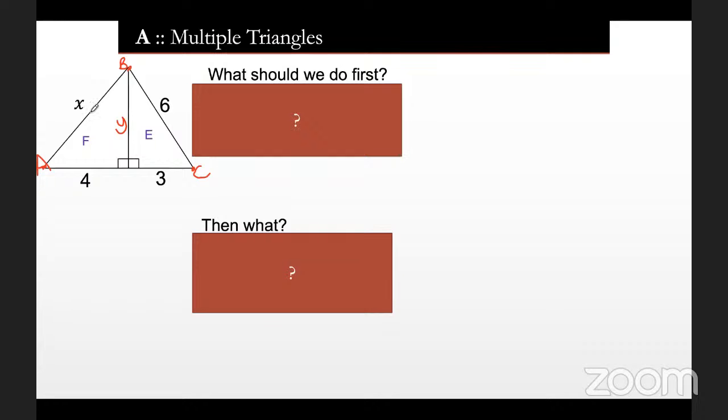Common C. Excellent. So it could be called a common C. Now, if we're looking at A here, what else can we call Y? A common A. Excellent. So we could definitely use a common A, thank you, Tatiana, to label the line segment that we would have labeled Y.